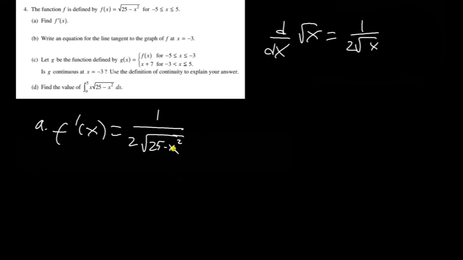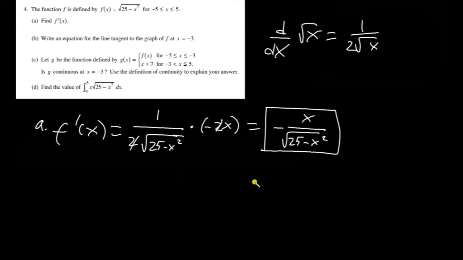Because this is a compound function, we need to take the derivative of it per the chain rule, multiplied by the derivative of the inside function, which is 25 minus x squared. The derivative of 25 minus x squared is negative 2x. If we simplify that a bit, the 2's will cancel, and we get negative x over square root of 25 minus x squared.